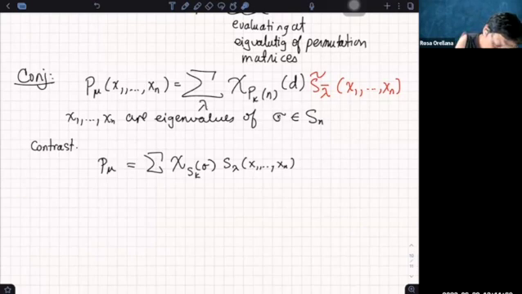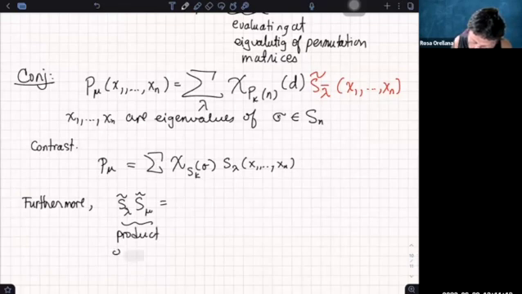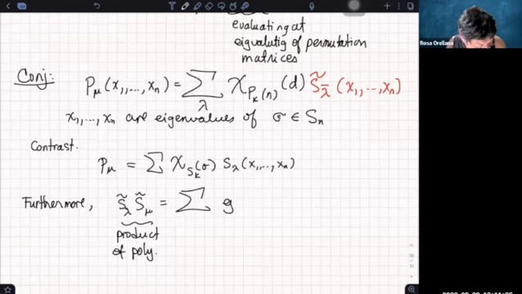And furthermore, the second thing: if you multiply two such things, just a regular product of polynomials, when you expanded it, they actually gave you the reduced Kronecker coefficients as structure coefficients. So this is kind of what it was.